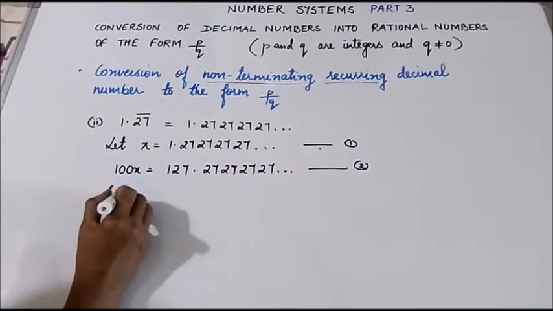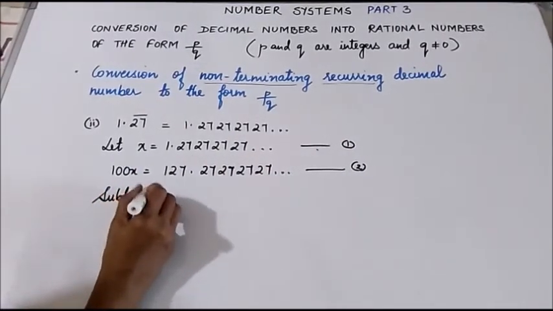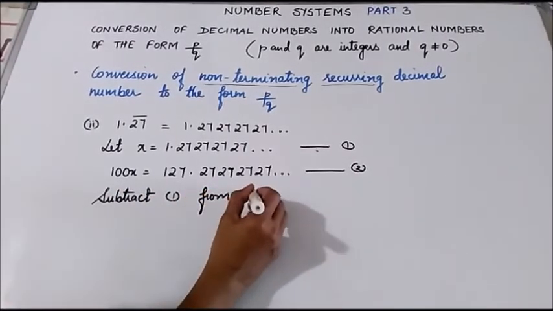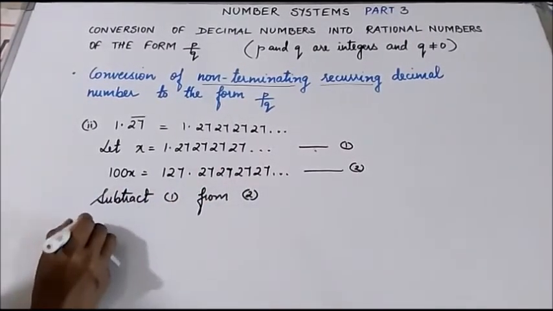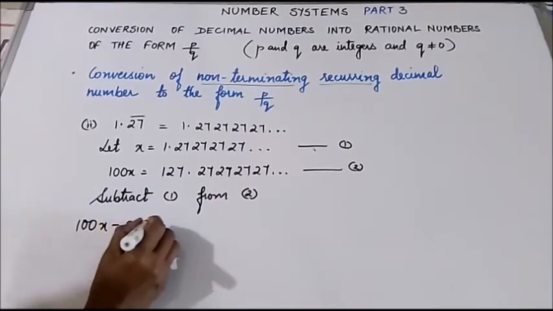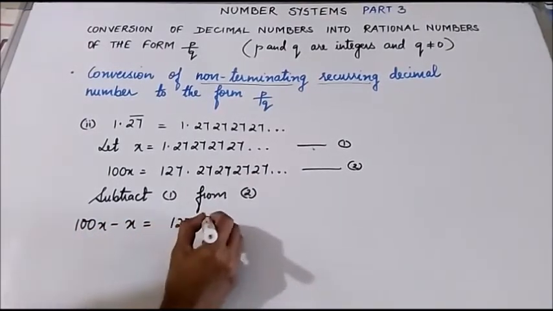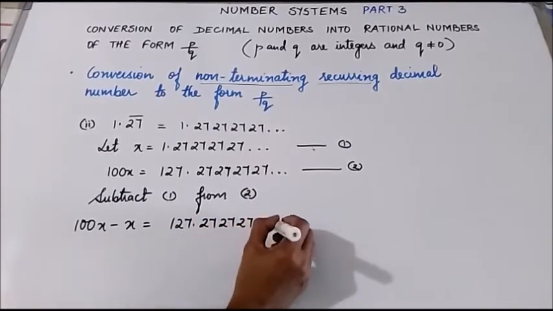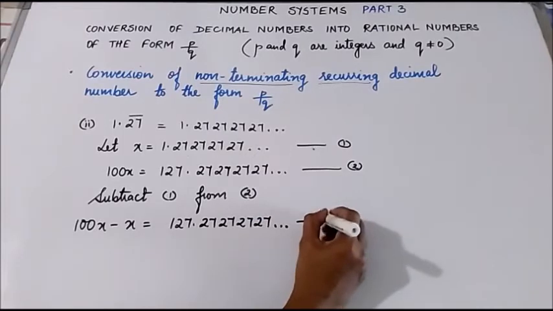Now what should you do? Subtract 1 from 2. We will get 100x minus x equal to 127.2727 minus 1.2727.